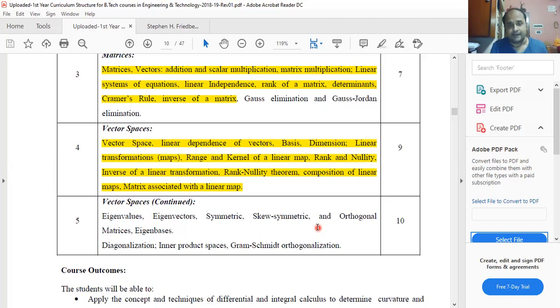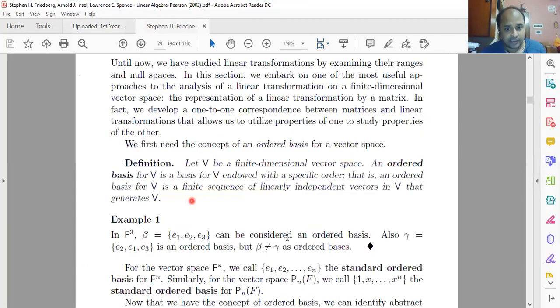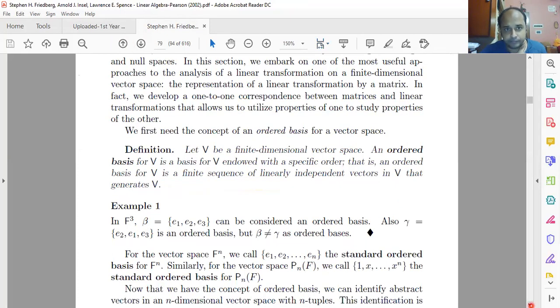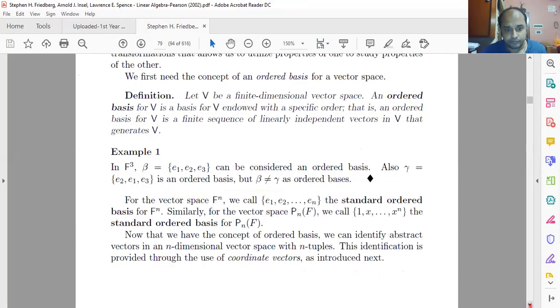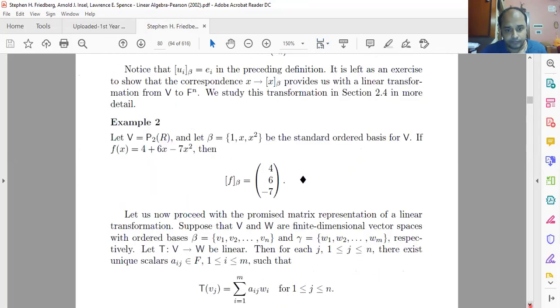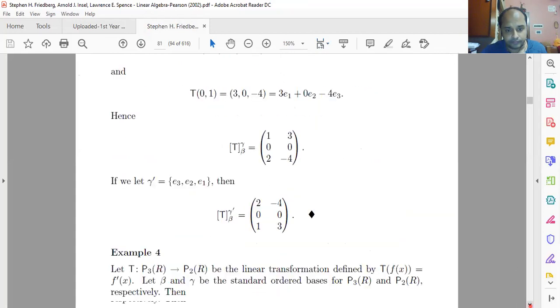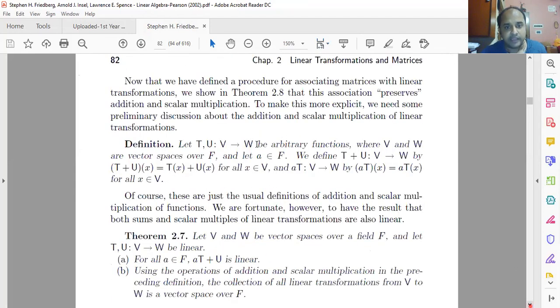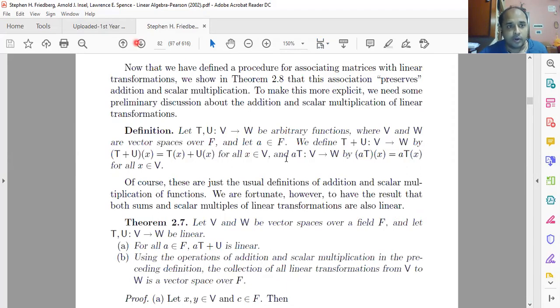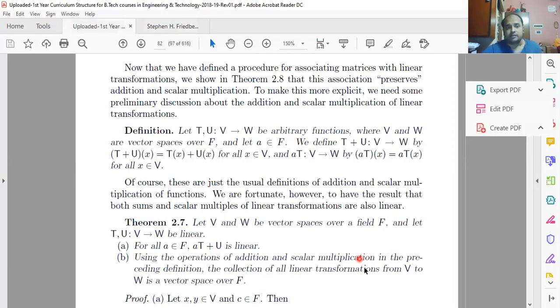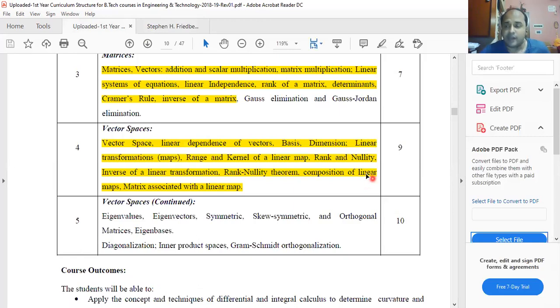This is the page of the definition I'm considering. This is the premise of composition of linear maps, and once it is clear, the inverse of a linear transformation will be clear to you, and this section can be successfully finished.